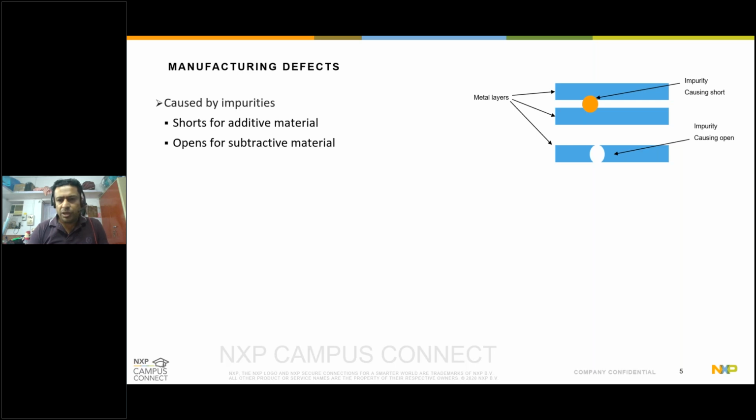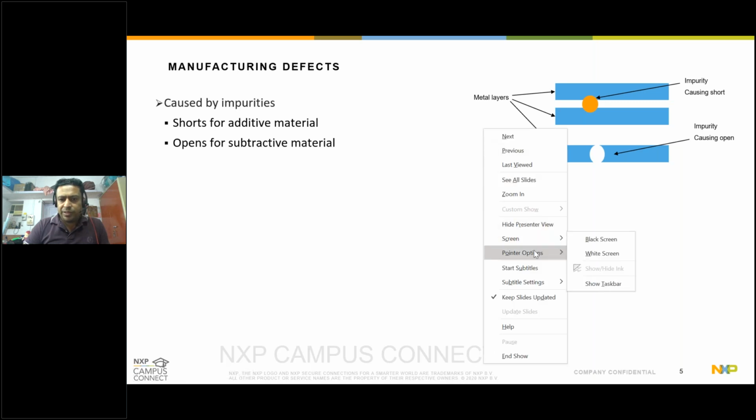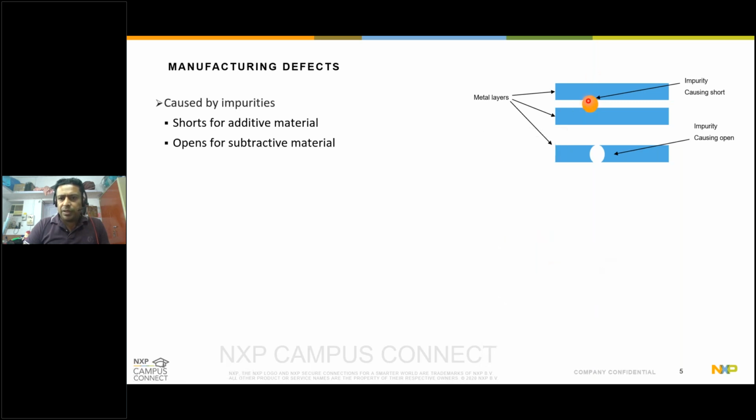In this image, you can see this orange dot. This orange dot is representative of a conductive impurity, which can be a metal ion. This impurity got introduced between two metal tracks, and since it is a conductive impurity, it can cause a short between these two metal layers.